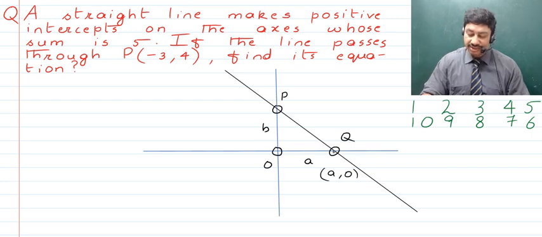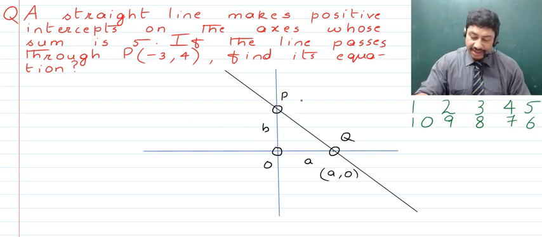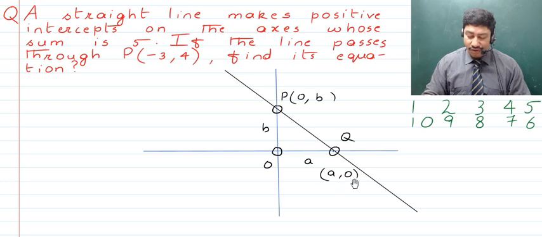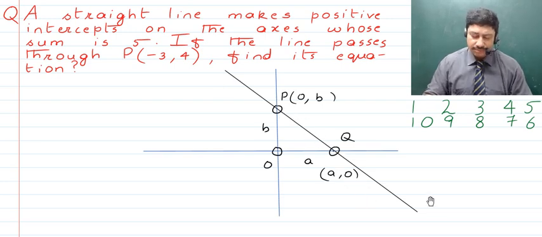That is because this point is on the x-axis, and as such its y-coordinate will be 0. Now if we talk about the point P, then its x-coordinate is going to be 0 and its y-coordinate will be B, because the point hasn't moved along the x-axis. So these are the coordinates of the points P and Q, that is the points of intersection of the line with the x-axis and the y-axis.